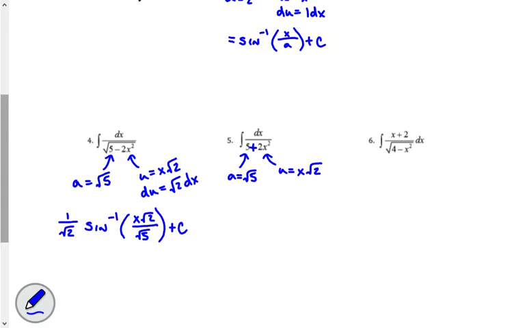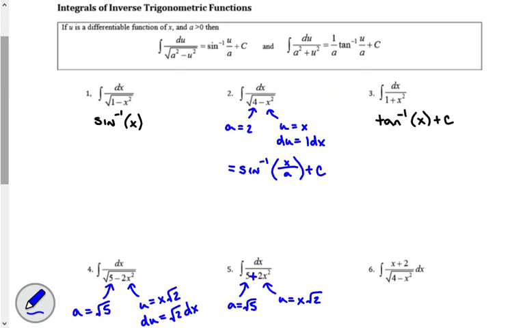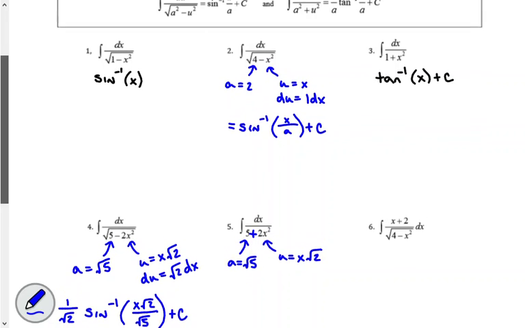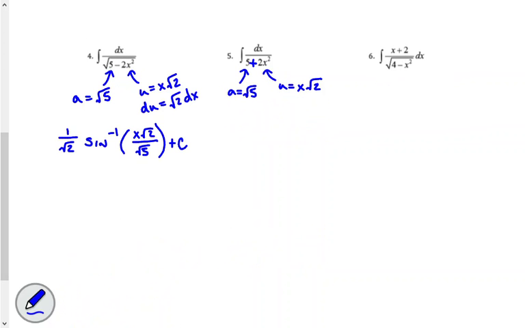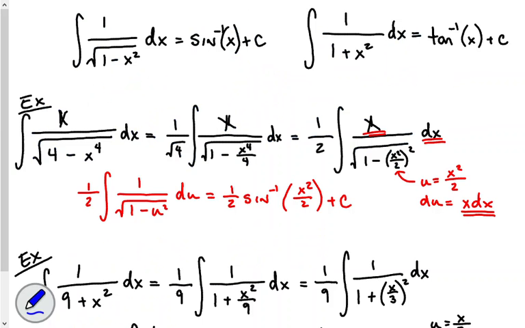Because the formula, good question, Jordan. The formula is something squared, and this is something squared. Okay. It has to be some number squared. So since it's just a 5 down there, then it has to be root 5. See, for all the ones that we did before, these were perfect squares, so that's why we ended up with a 2 here. And this 9, we ended up with a 3.